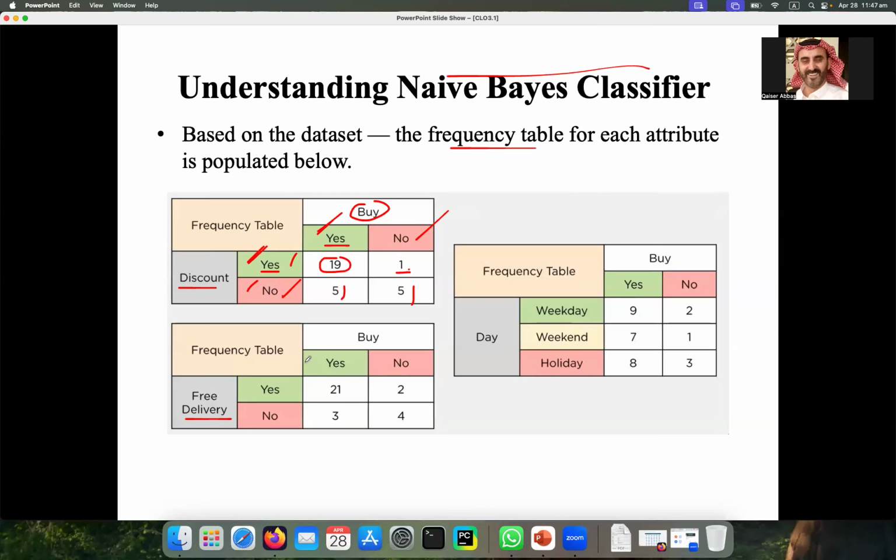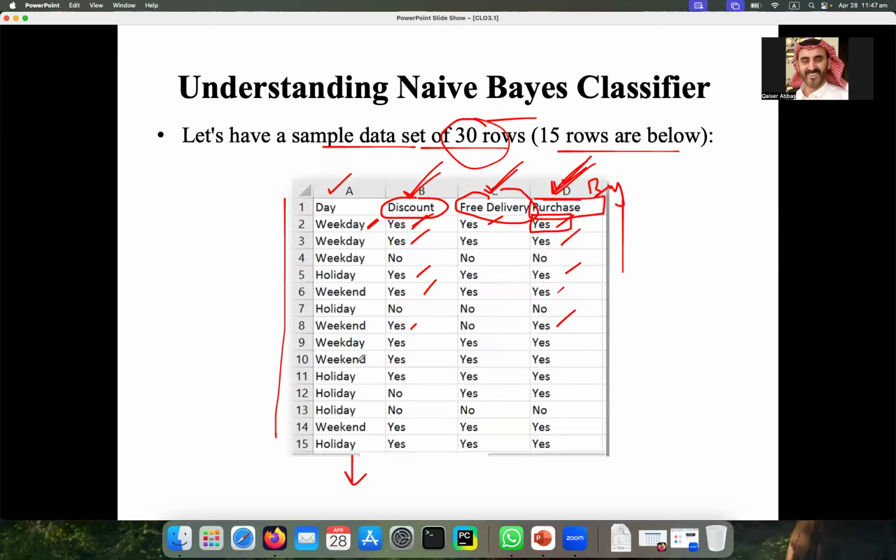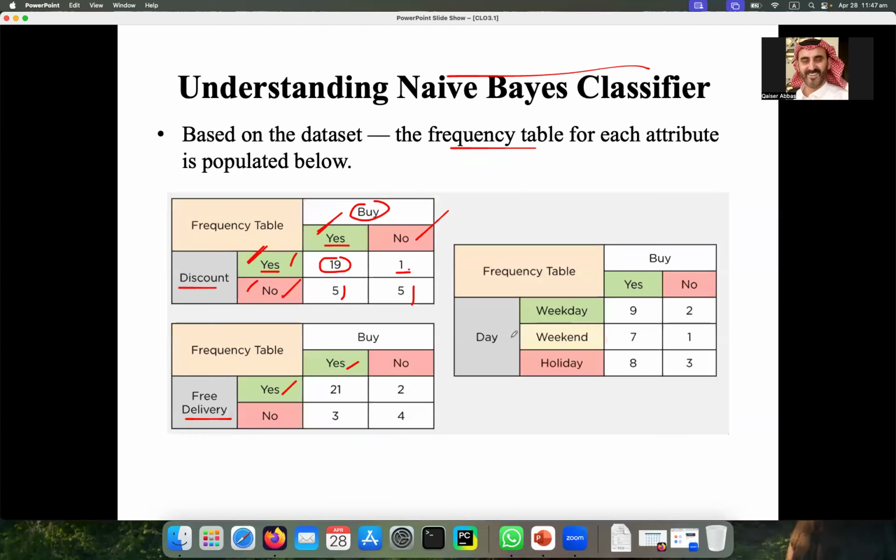When free delivery is yes and the purchase is also yes, how many times in the data? You have to match: 1, 2, 3, 4, 5. 21 times in the data. And when free delivery is yes and the buy is no, how many times? 2 times. Similarly, this is 3 times, 4 times.